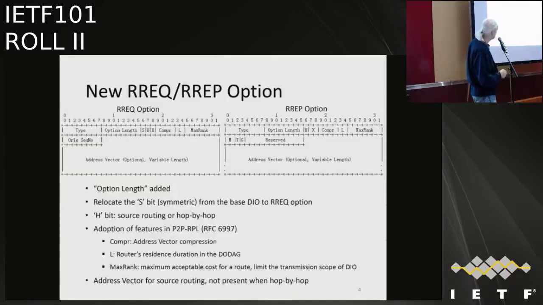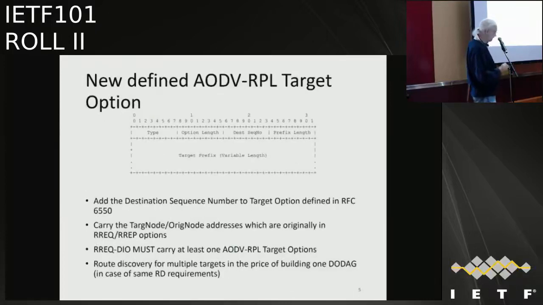So these were features that were imported from 6997, and we're still, you might say, verifying that it's consistent with the rest of the specification. And then again, for source routing, allow for an address vector. And then to allow for multiple targets, we have this AODV Ripple target option, which is modeled on the one in RFC 6997.